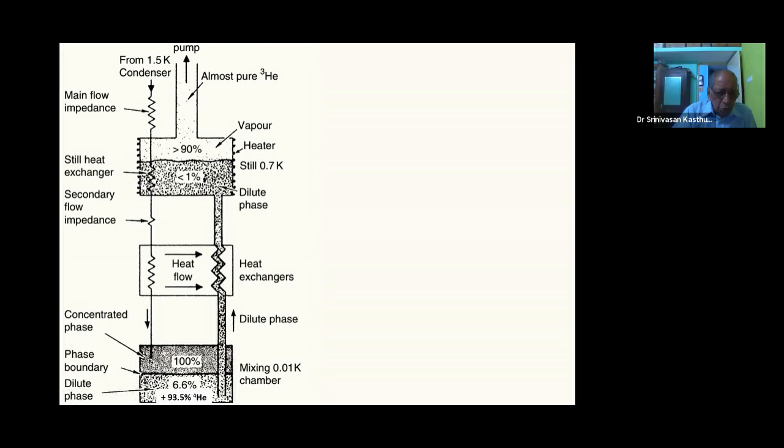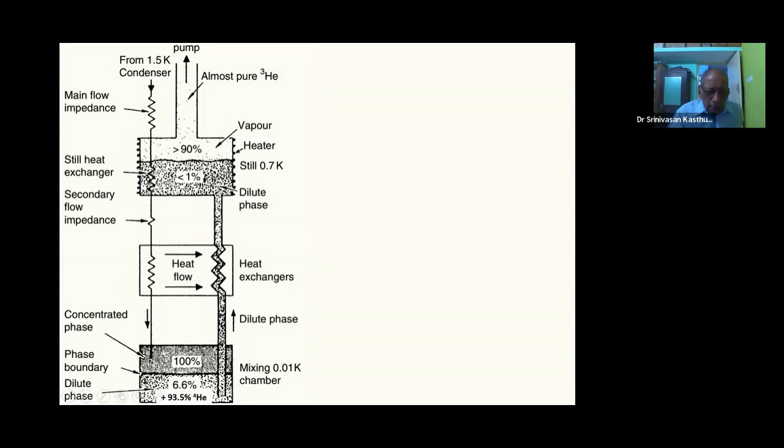If you mix these two together, that is, the concentrated phase of helium-3 is mixed with the dilute phase of helium-3, then you are able to produce cooling, and the temperature goes down to about 5 millikelvin. So now the dilute phase is pumped out using an external pump.